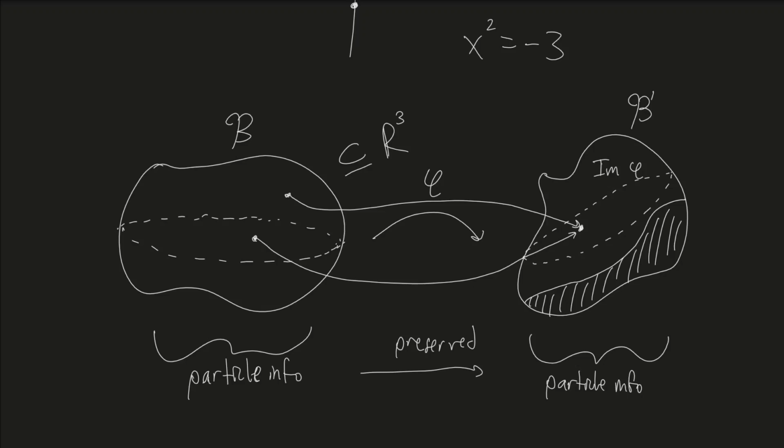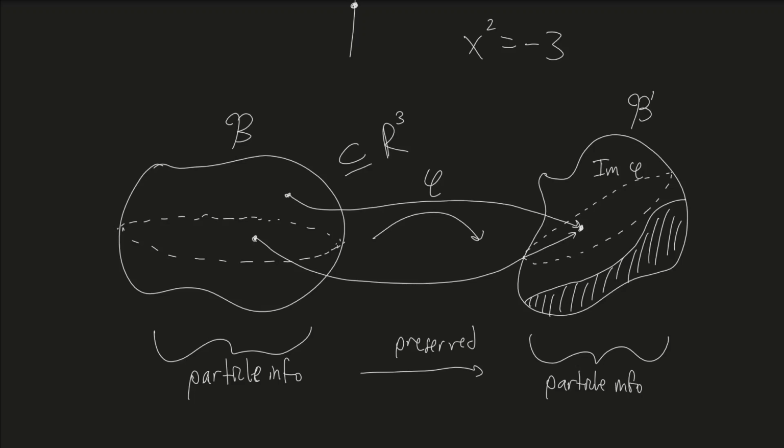Basically what I'm saying here is that phi, in this example, is not surjective, and the question is, well, where did the particles in this new region come from? They certainly didn't come from B, because then they could be described by this deformation phi, right? They would be elements of the image of phi.